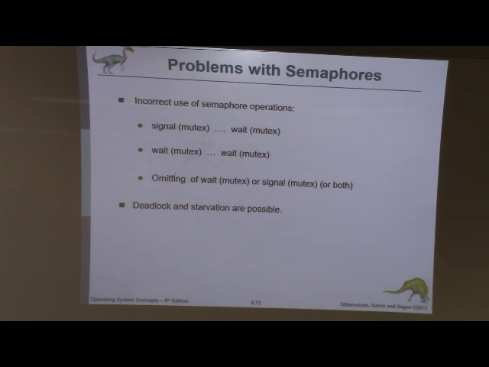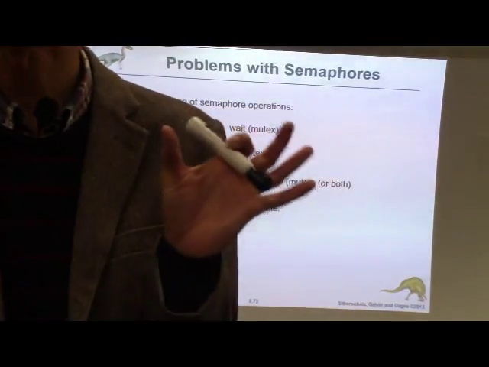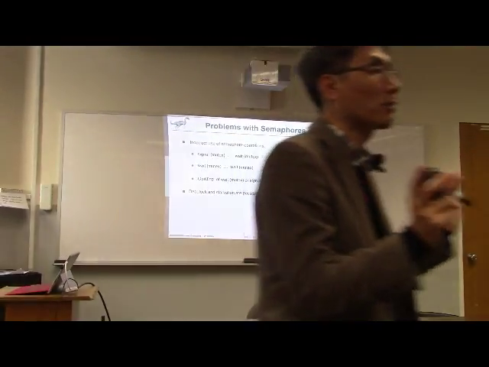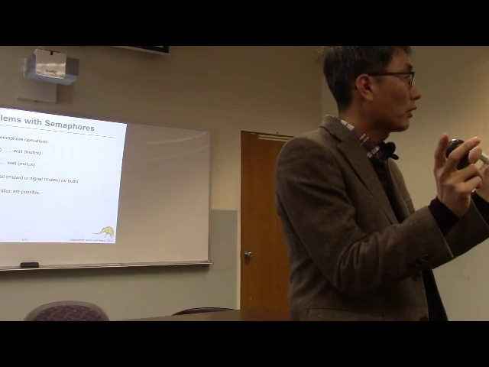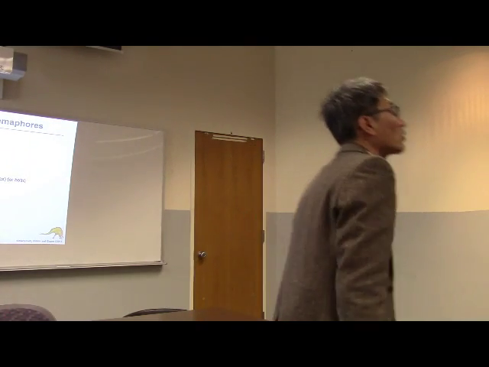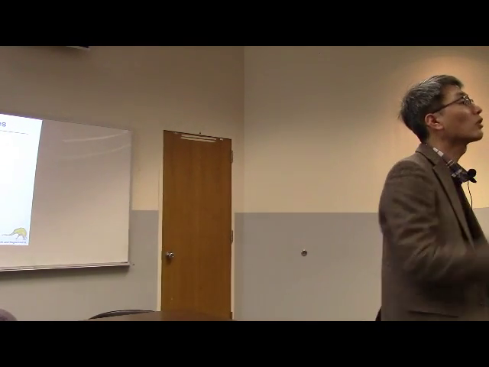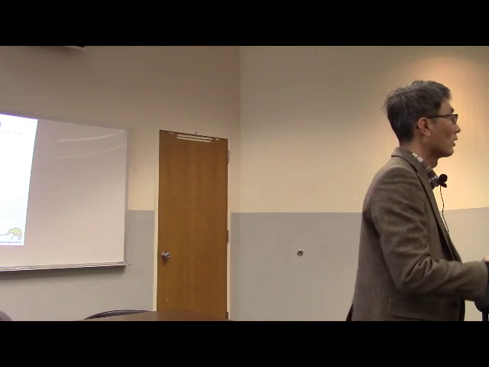However, what if signal and wait are independent atomic operations? They are independent. They do not bother each other. It's an independent operation of the semaphore, right? Which means you can signal the mutex first. You can just increase the value. Then later, the wait, the decrease.